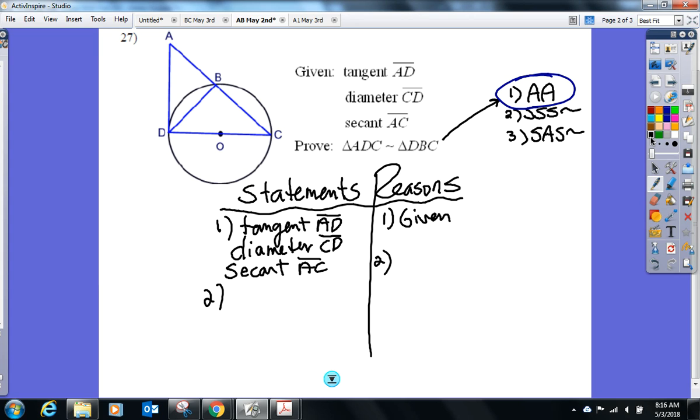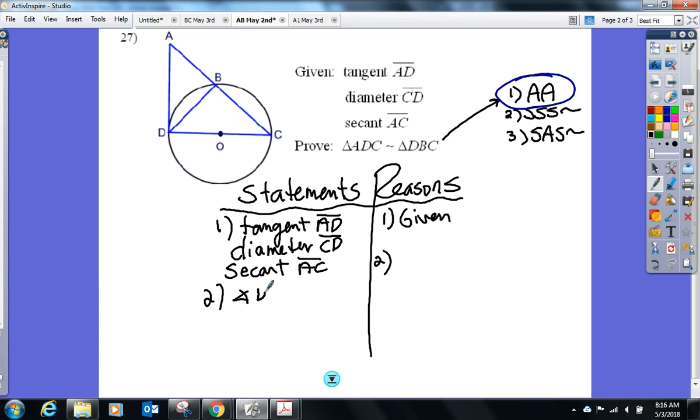Evan? Angle DBC is the right angle. How do you know that? Because the chords go to the ends of the diameter. Okay, what type of angle is it? Inscribed and it's drawn to a diameter. That's a theorem we have, isn't it? Inscribed angle drawn to a diameter is a right angle. So yep, we'll start right there.